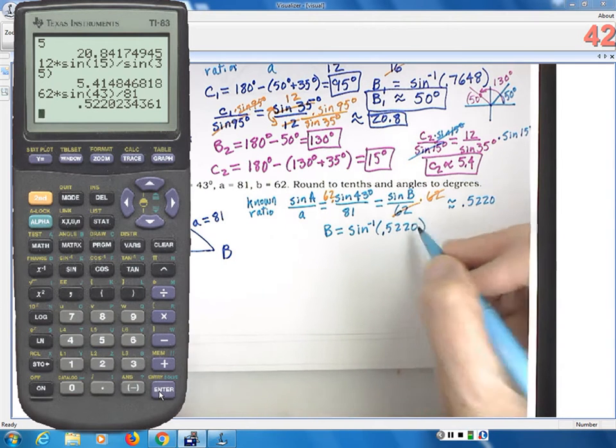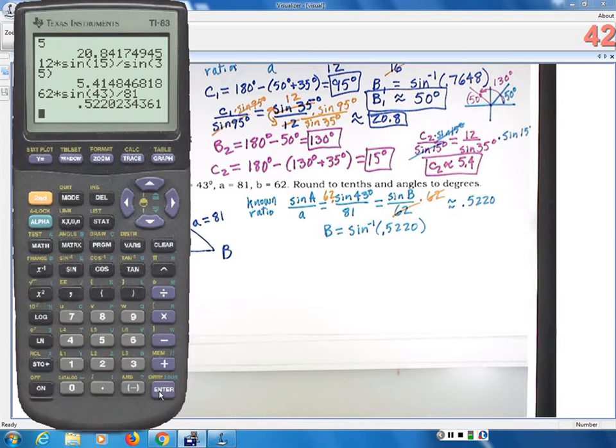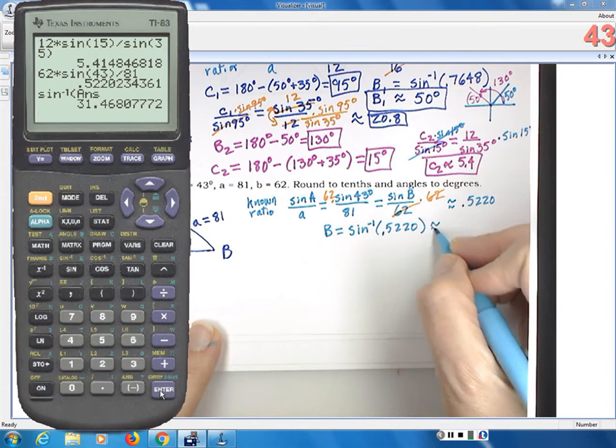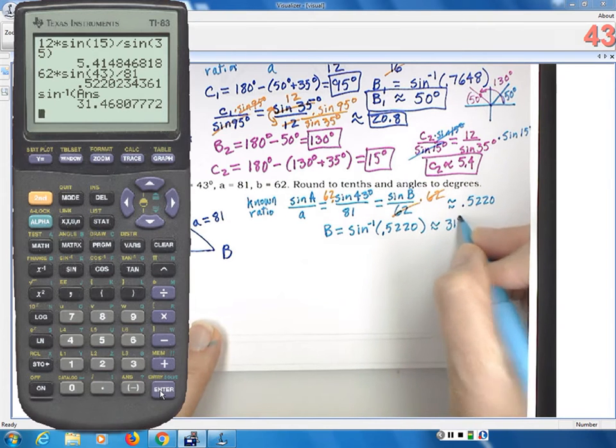I'm just going to keep all those places by doing second, sine inverse, second answer. And I get 31. They said to round to the nearest degree, so we're just going to use 31 degrees, approximately. Okay?